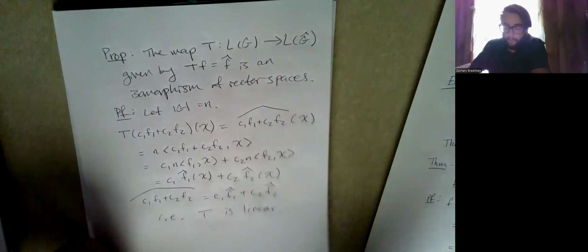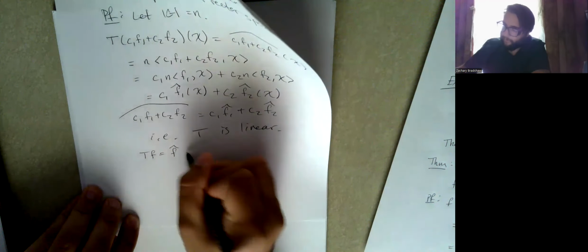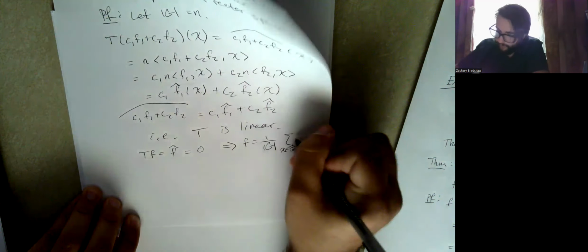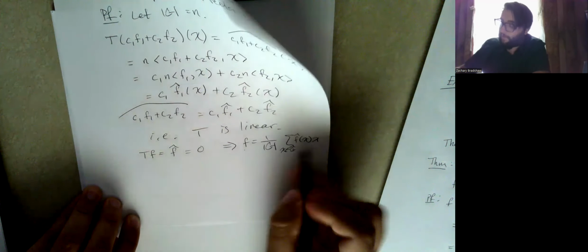Okay. So injectivity is very easy, right? If T f, which is the Fourier transform, is equal to 0, well, by the Fourier inversion formula, obviously f is also 0, right? Everything has a Fourier transform in it.